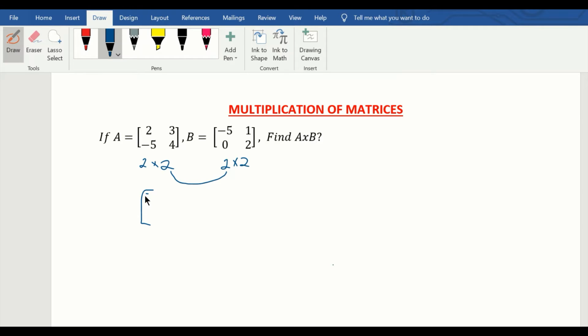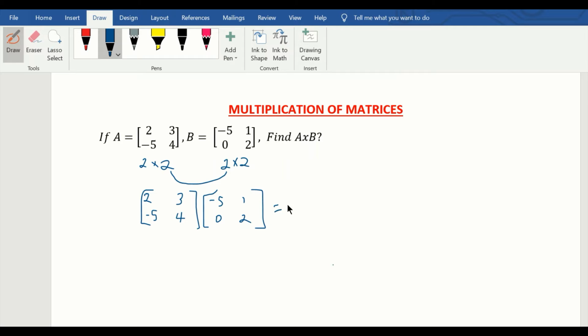Matrix A is 2, 3, minus 5 and 4, and matrix B is minus 5, 1, 0 and 2. Now how do we multiply matrices?